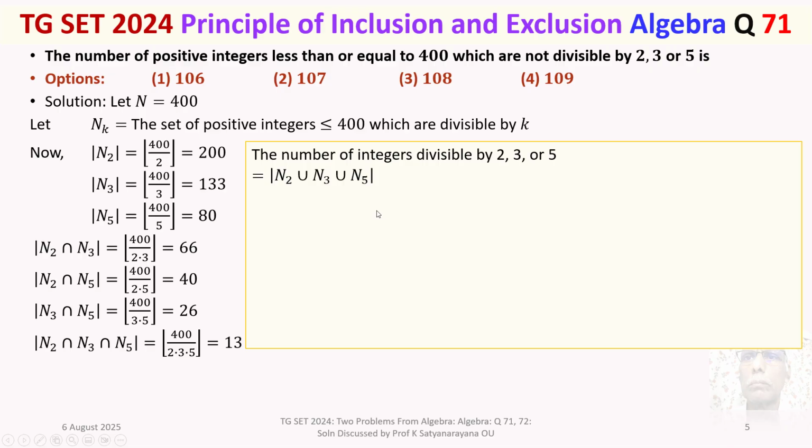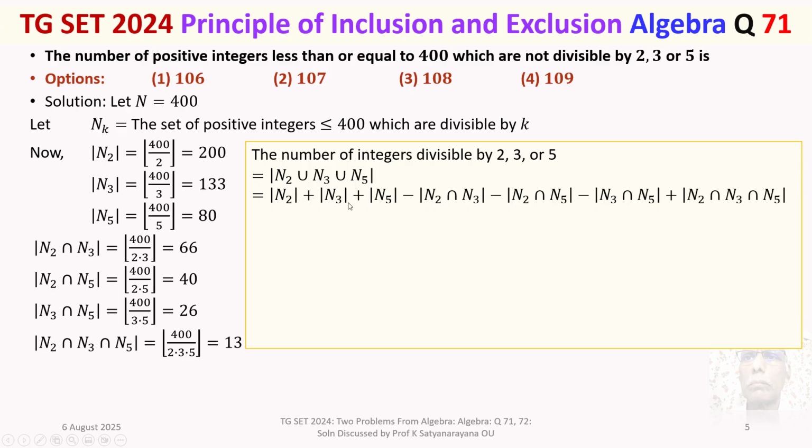Now, you recall what you have studied at your plus 2 level or even at 10th class also. By the principle of inclusion and exclusion, the number of elements present in N2 union N3 union N5 is the number of elements present in N2 plus the number in N3 plus the number in N5, minus the order of N2 intersection N3, minus the order of N2 intersection N5, minus the order of N3 intersection N5, where order means the number of elements present in it, plus the number of elements present in N2 intersection N3 intersection N5.